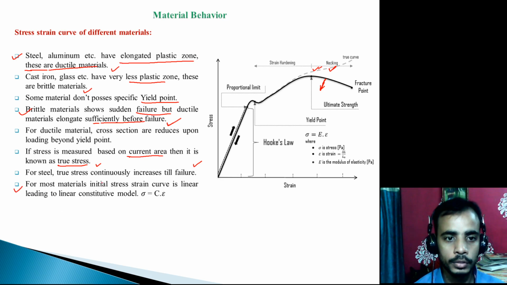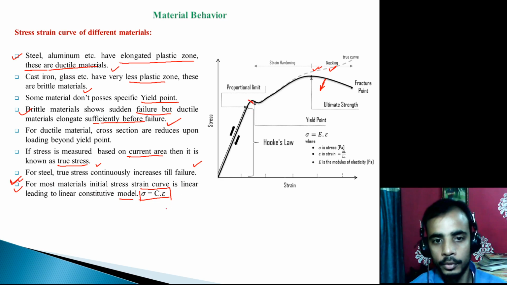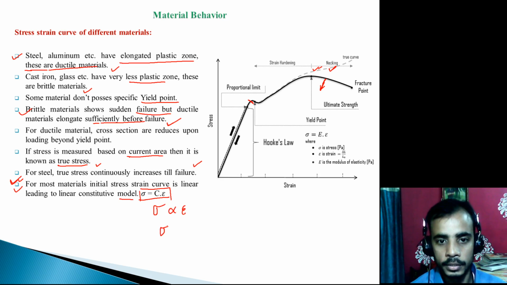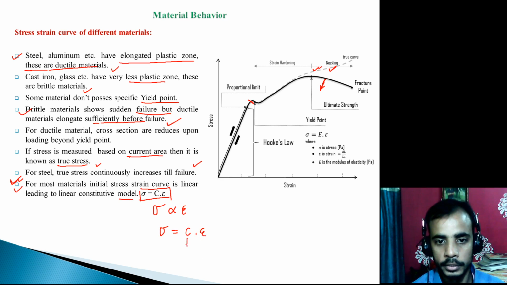For most materials, the initial stress strain curve is linear, leading to the constitutive model, that is sigma equal to C into epsilon. So we can generalize this for most materials: up to the elastic limit, the stress is directly proportional to strain, and this constant of proportionality C, as you know from your strength of materials knowledge, is your Young modulus.